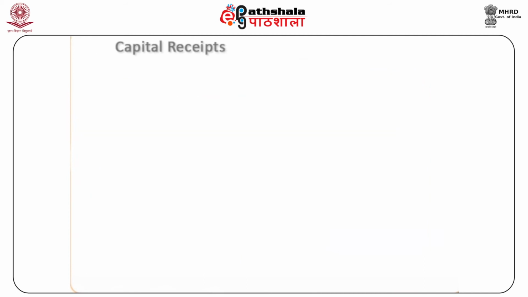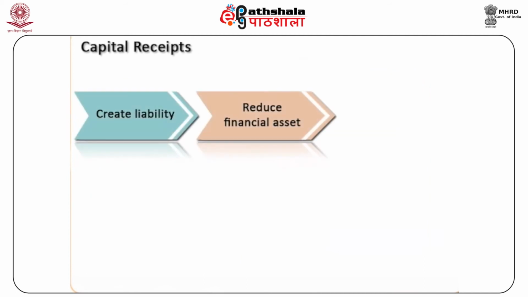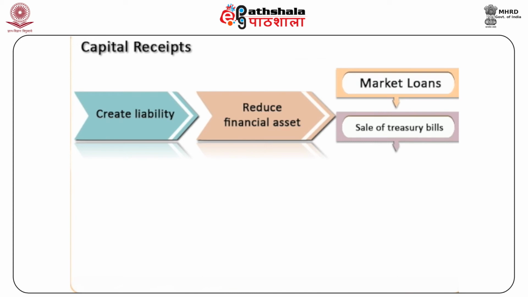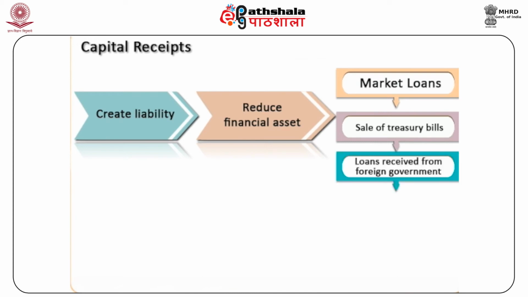Those receipts which create liability or reduce financial assets are called capital receipts. The main components of capital receipts are loans raised by the government from the public, which are called market loans, borrowings by government from Reserve Bank and other parties through sale of treasury bills, loans received from foreign governments or bodies, and recoveries of loans granted by the central government to state and union territory governments, including other parties.